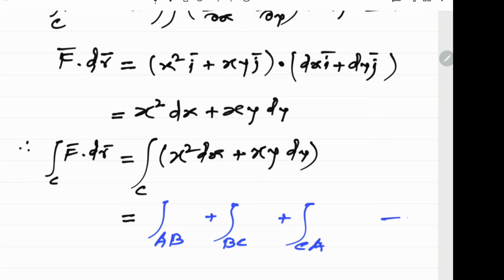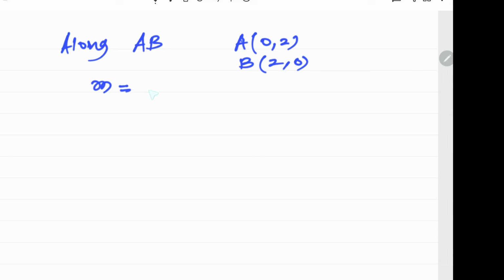Then to evaluate the line integral along AB, we have to obtain the equation of the straight line AB. Point A has coordinates (0, 2) and point B has coordinates (2, 0). We determine the slope as y2 minus y1 upon x2 minus x1, which is 0 minus 2 upon 2 minus 0, and the value is minus 1.